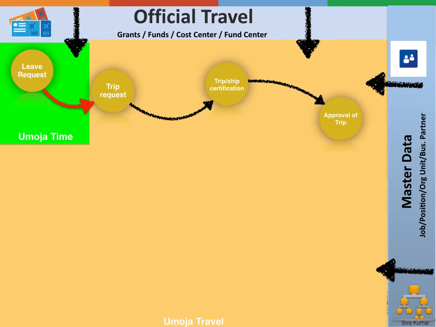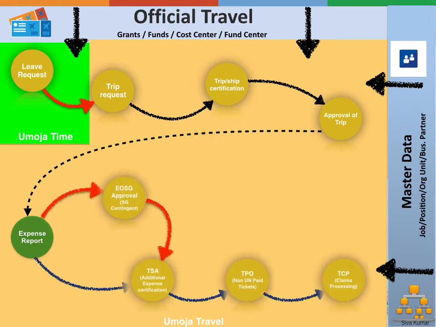Once the trip is completed, the staff member will have access to create what is called an expense report, and the expense report goes through multiple steps if it is not an express expense report. An express expense report is one which is exactly the same as the approved travel request. Any deviation will go through a manual process.